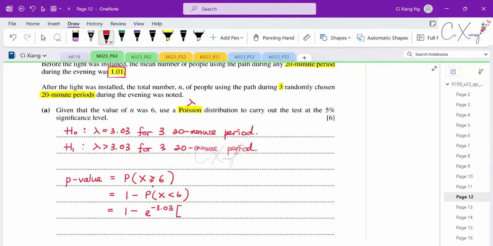When x equals 0, it is always 1. When x equals 1, it is always 3.03. When x equals 2, it is 3.03 squared divided by 2 factorial. Then x equals 3, x equals 4, x equals 5.